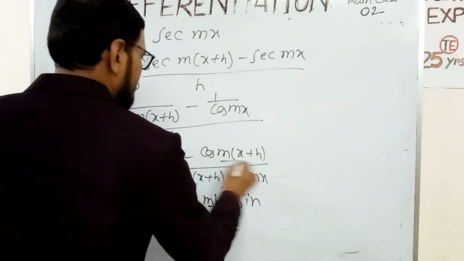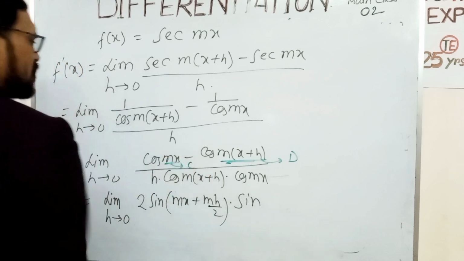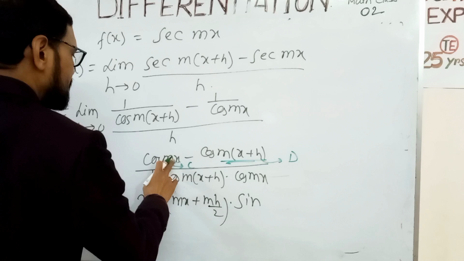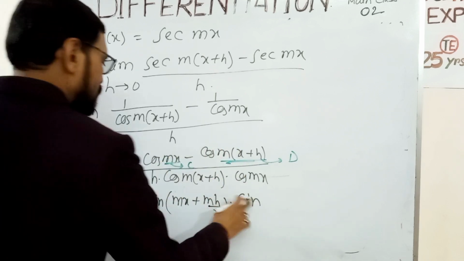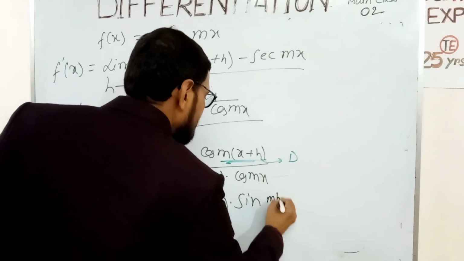This is d and this is c. Cos c minus cos d formula applied: 2 sin of c plus d by 2 into sin of d minus c by 2.